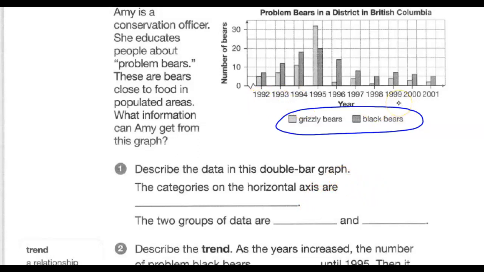They're the years from, what is that, 1992 to 2001. And then the 2 groups of data are the grizzly bears and the black bears from that legend.